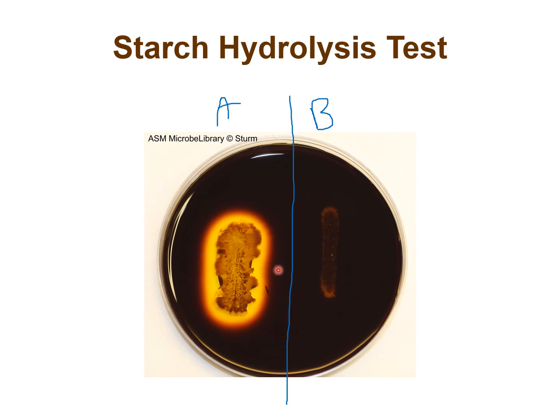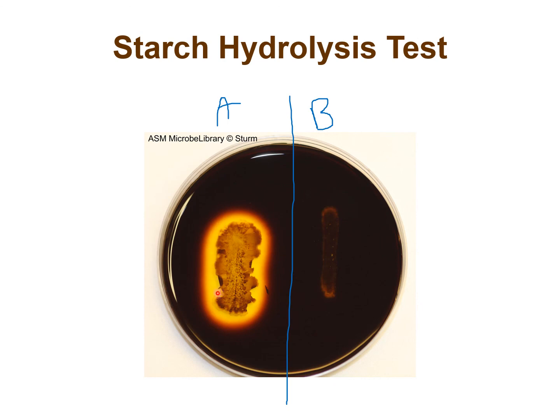Now notice how the plate on this side is still pretty dark around the bacteria. Well, that means that the starch was not broken down, and that means the starch is still there. That's why it's a negative for starch hydrolysis. Hydrolysis means the breakdown of starch, so it means the starch was not broken down.